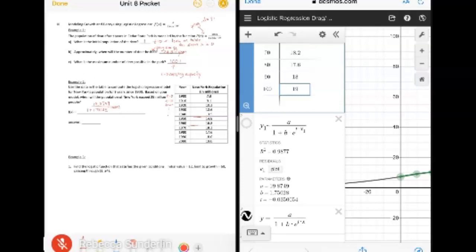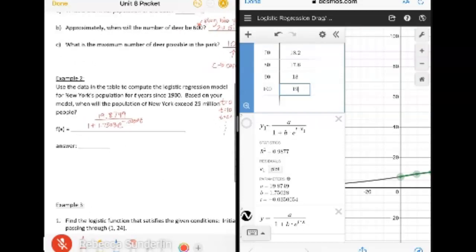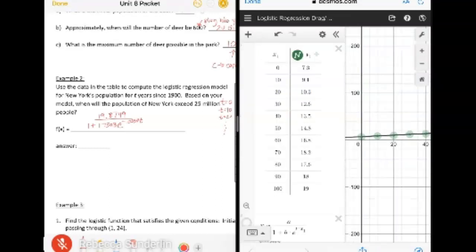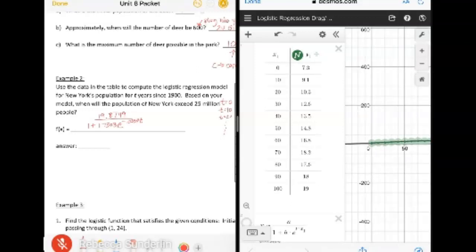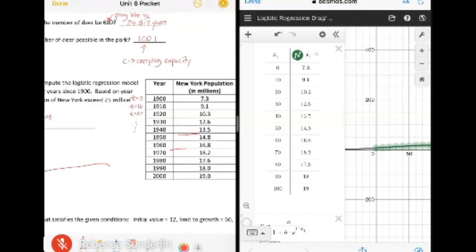But in this problem, it wants to know, when will the population of New York exceed 25 million people? So you could put in y equals 25, because these numbers are in millions. This 7.3 is actually 7.3 million people.